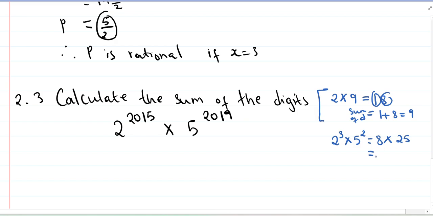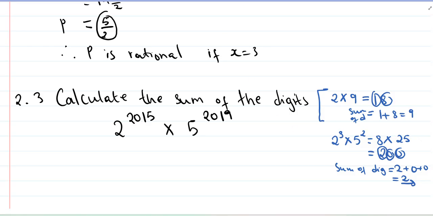When you multiply them, let me quickly multiply them, they give me 200. Then the sum of digits will be, if I add this digit, this one, and this one, 2 plus 0 plus 0, which is just 2. So the sum of the digits will be 2.